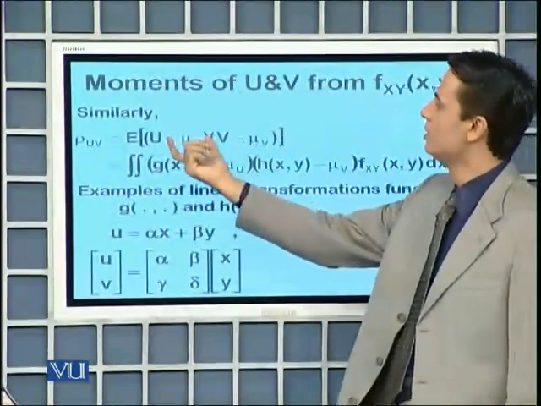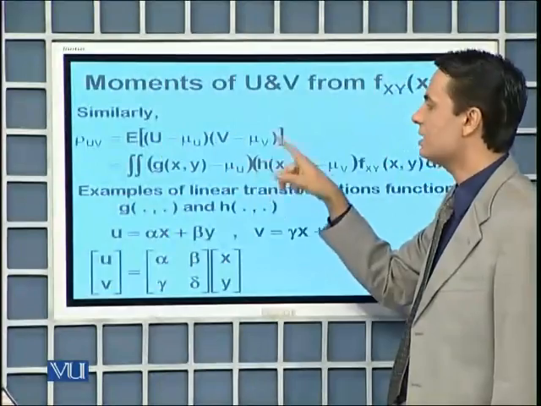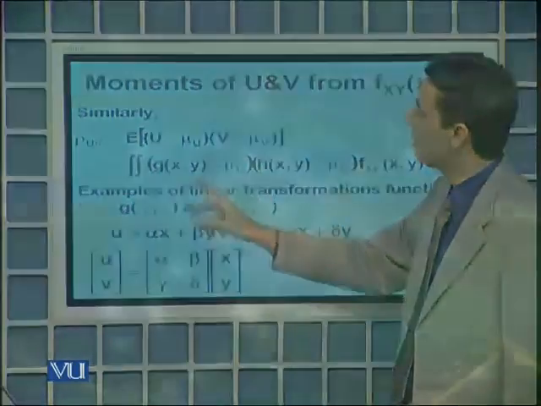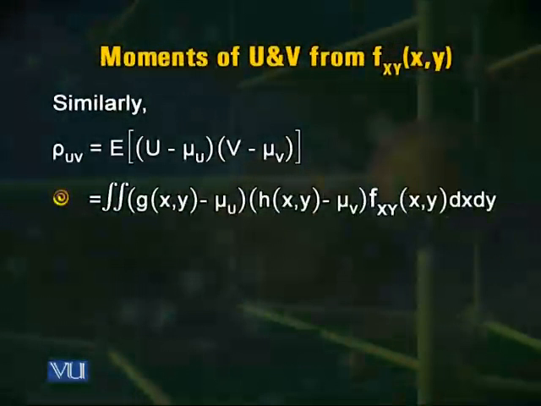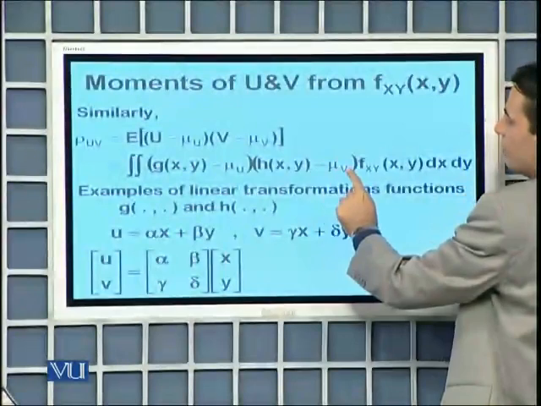But if you just assume that these are expressions of x and y transformed to u and v, then you can certainly use this expression, which is taking g of x and y for u, subtracting mean value of u, and multiplying the whole thing with h of x and y, which is equivalent to v minus mean value of v.